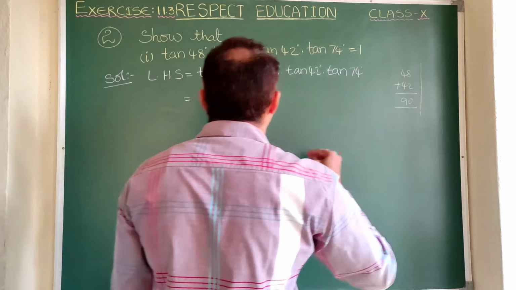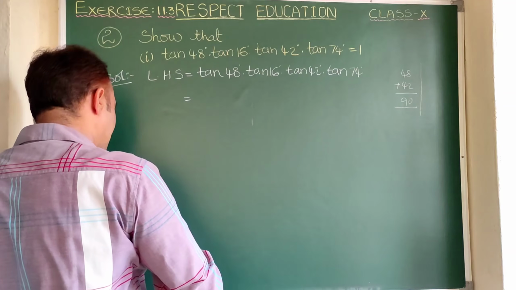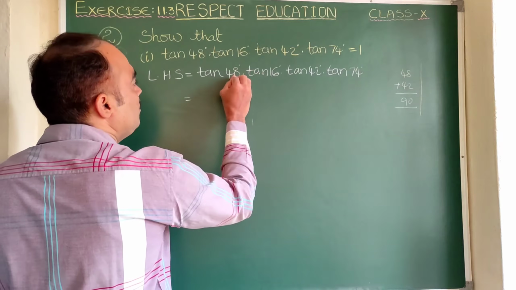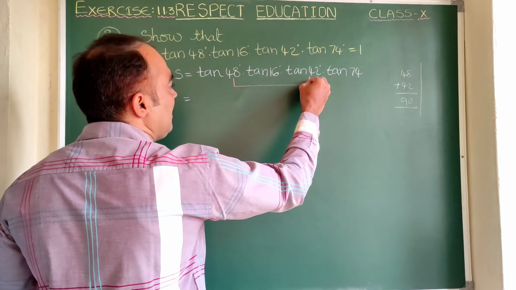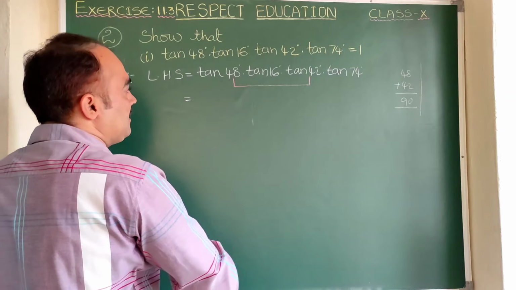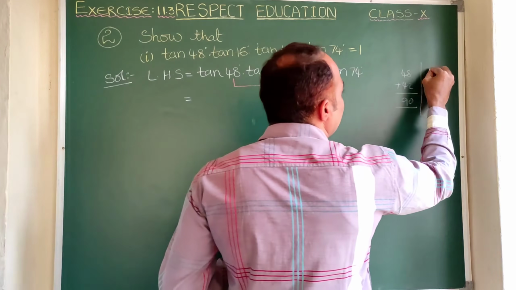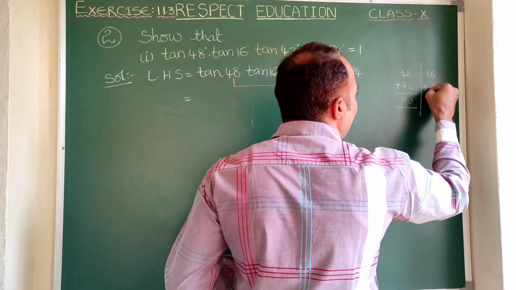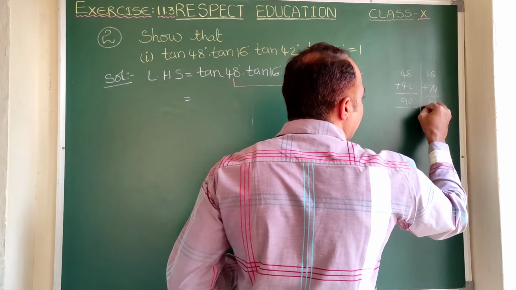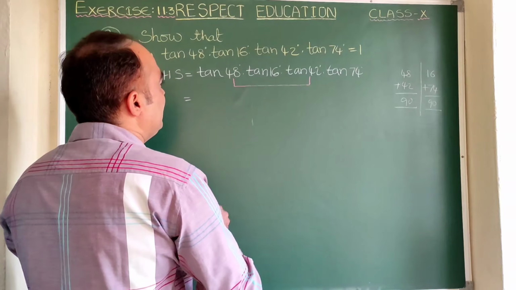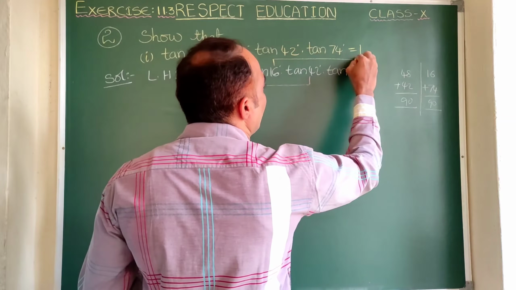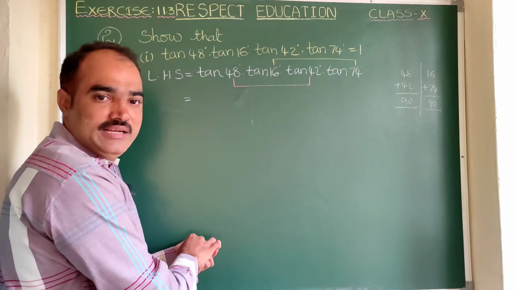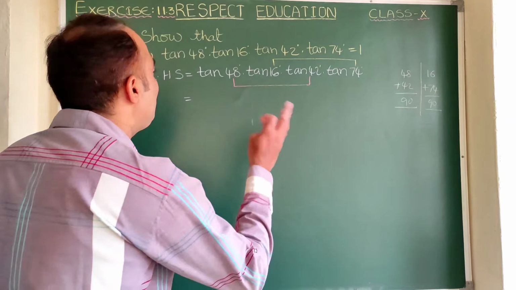That means 48 and 42, these two are complementary angles. Clear? Yes, sir. Similarly, let us add 16 and 74. 16 plus 74 is also 90 degrees. That means these two, 16 and 74, are complementary angles. Is it clear? Yes.